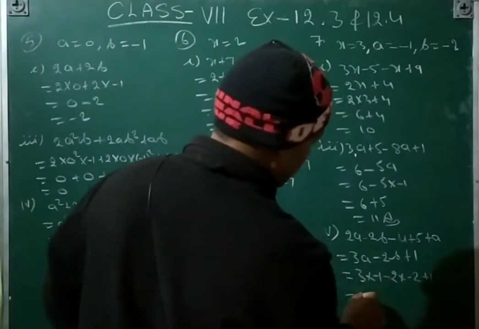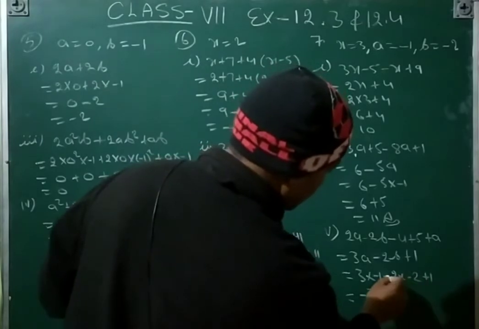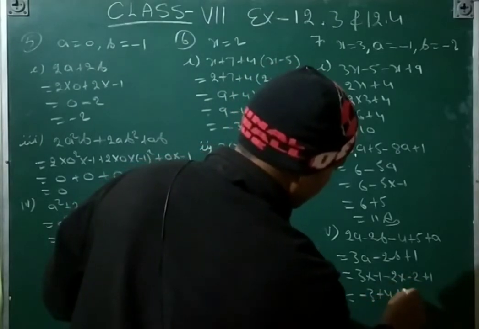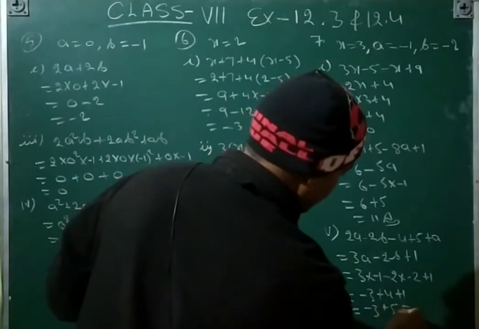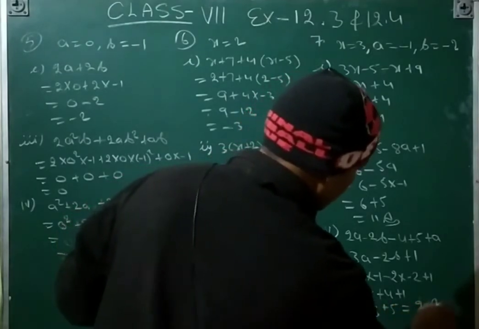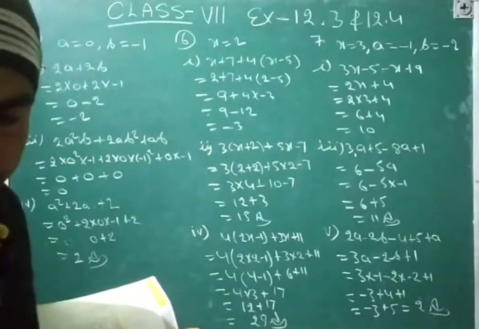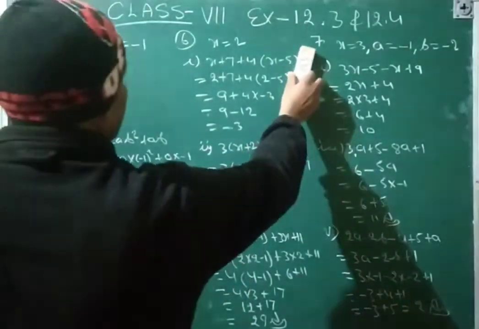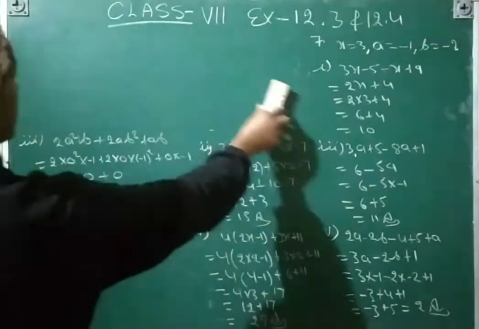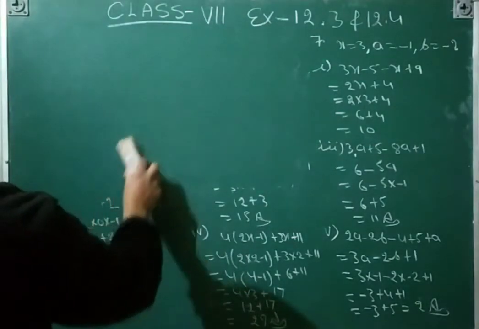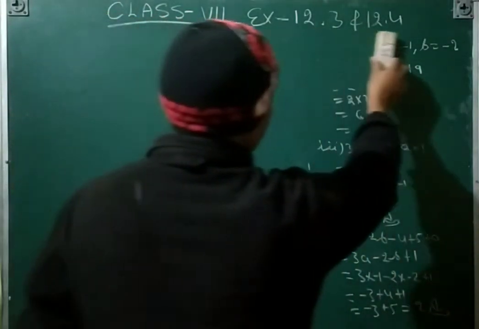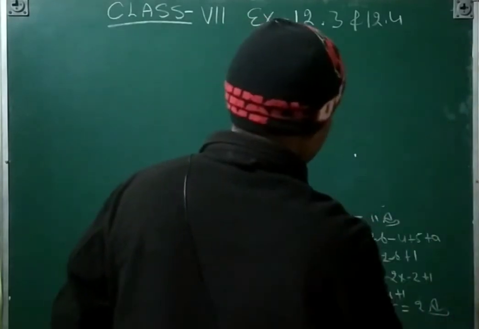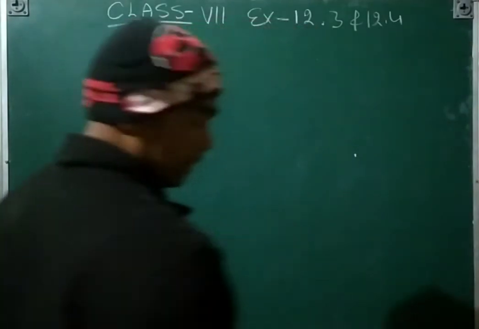So minus 3, and then plus 4 plus 1. So minus 3 plus 5 is equal to 2, the answer. And then seventh question is done.